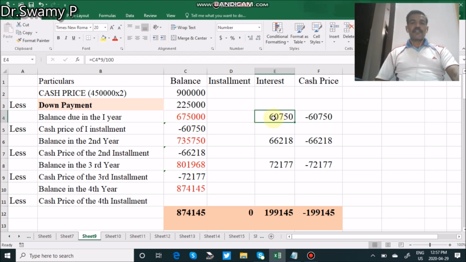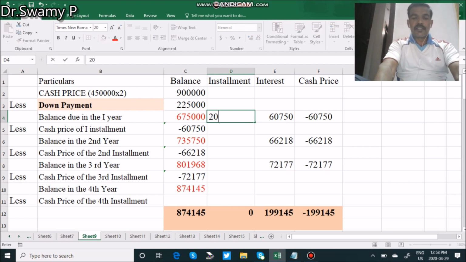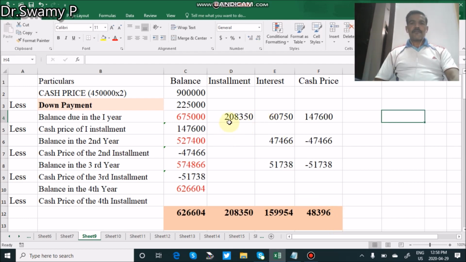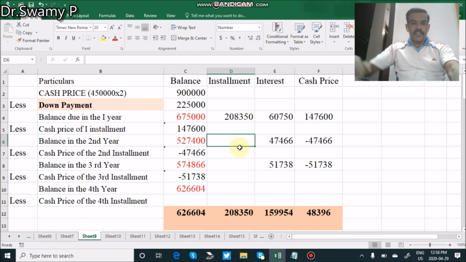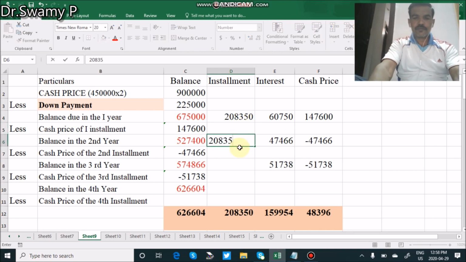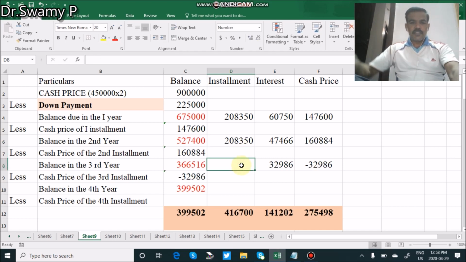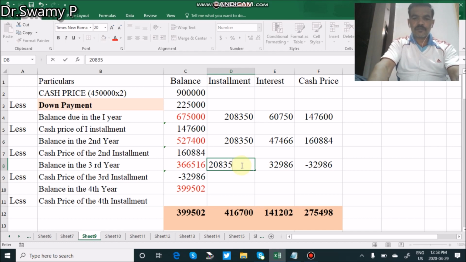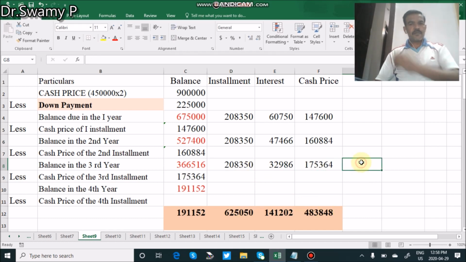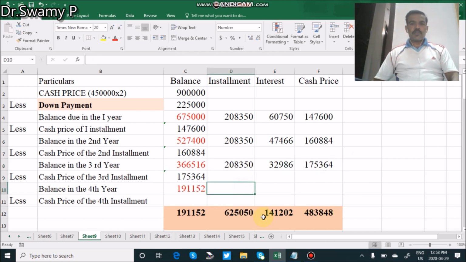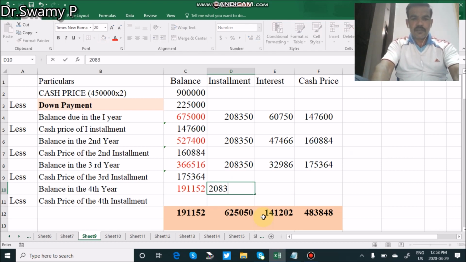Interest of the first installment is 9% of 6,75,000. Automatically I have calculated it in the cell, and I put the installment amount. The first year installment amount is recorded, and I put the second year installment amount also, and the third year installment amount also, and the fourth year installment.